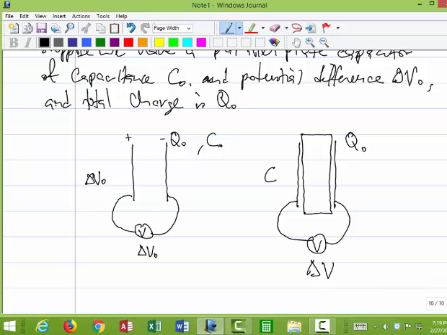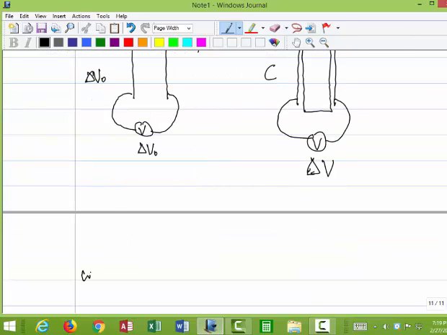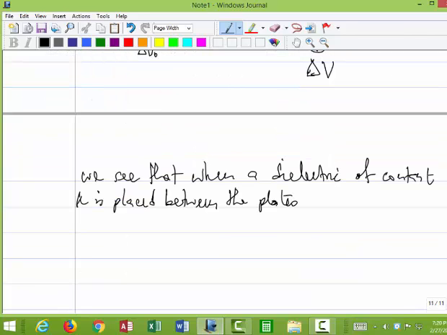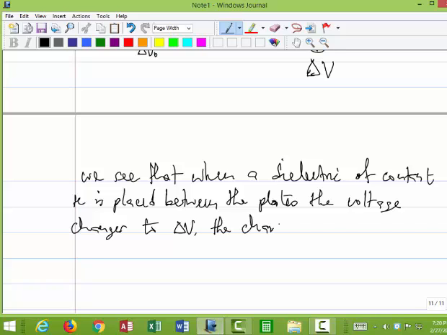The voltage is different because there's now a dielectric between the plates. So a dielectric of constant K is placed between the plates, the voltage changes to delta V, and the charge on the plate is still Q naught.